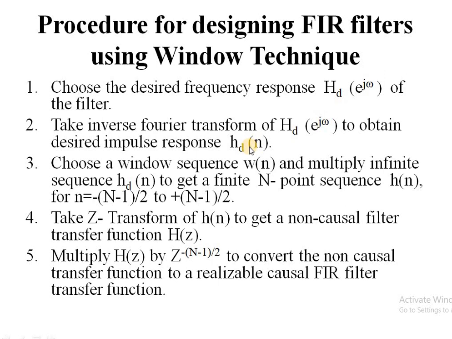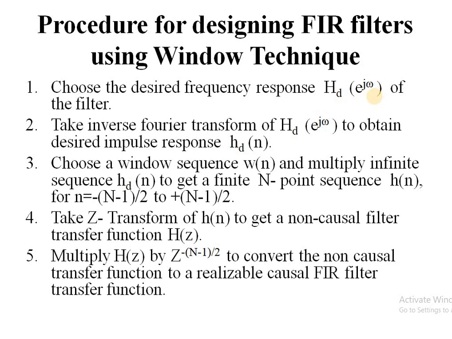This HD of n can be found simply by using the inverse Fourier transform formula, which we generally write as HD of n is equal to 1 by 2 pi integral from minus pi to pi of HD of e power j omega into e power j omega n d omega. For limits of integration, we need to just check with respect to the problem itself.